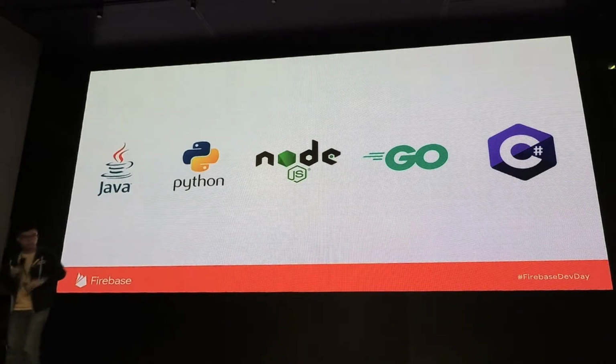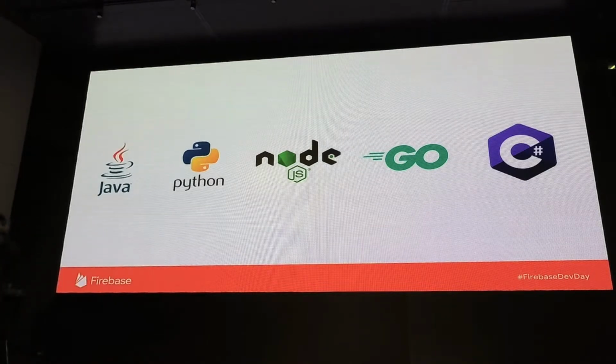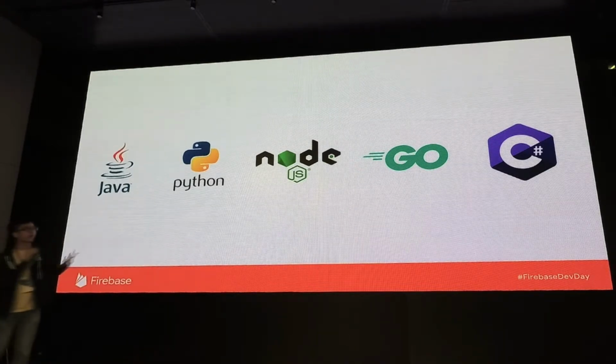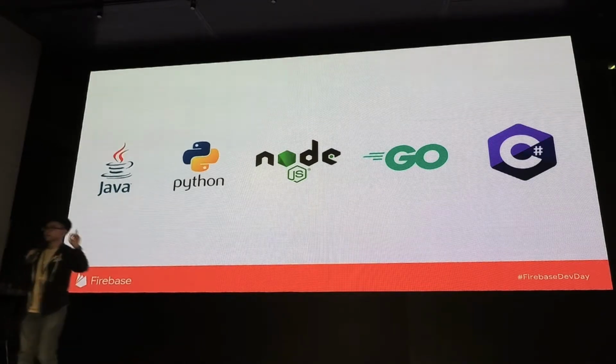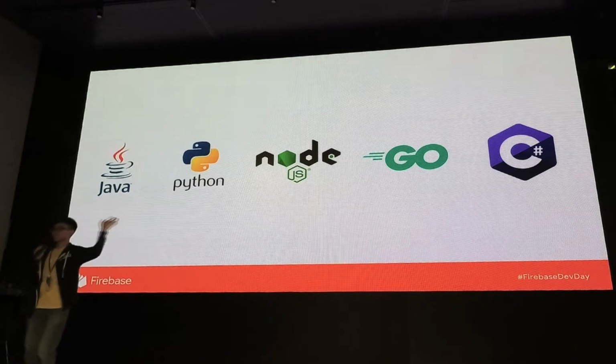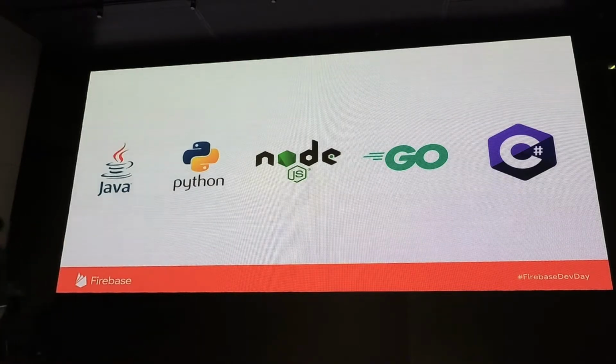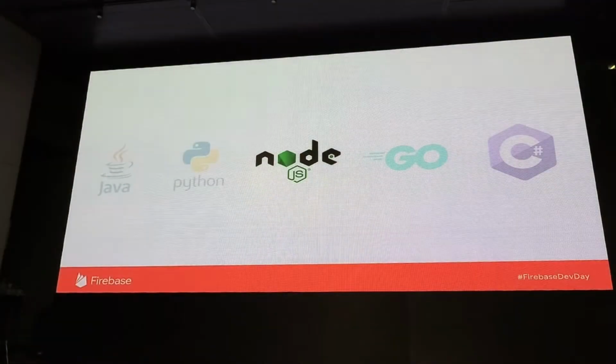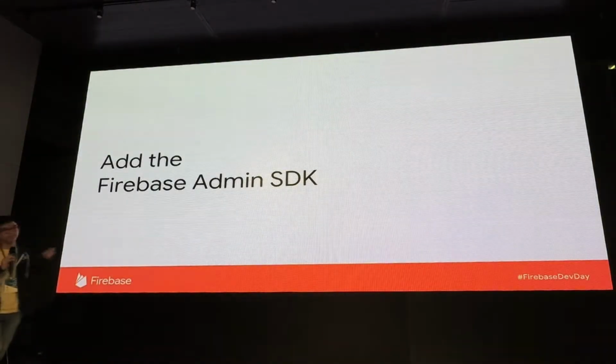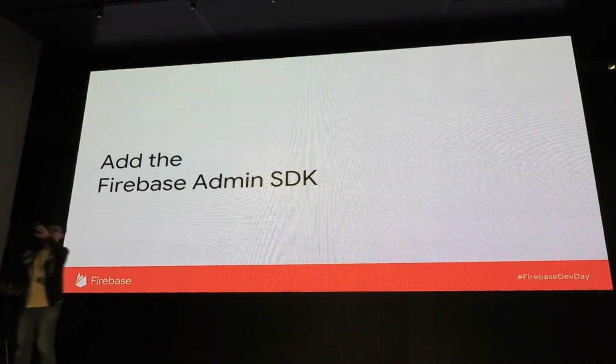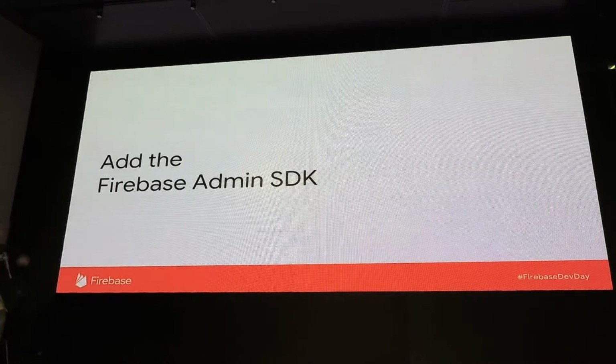It's coming soon, with more features, as I showed you in the table on the previous slide. But basically the most powerful one you can use is the Node.js server. I'm a web developer, familiar with JavaScript, so of course I developed this Fire Tom Yum using the Firebase Admin SDK for Node.js.